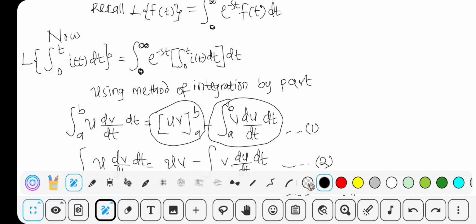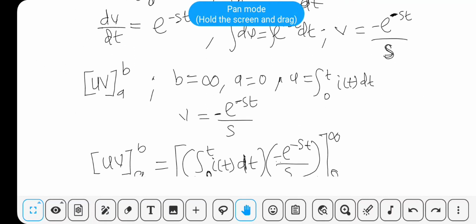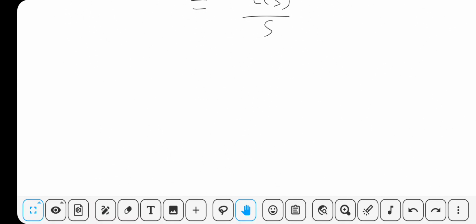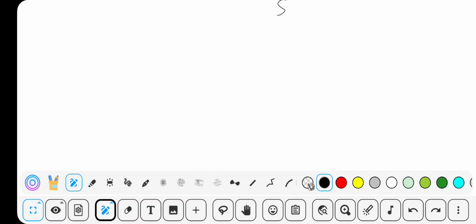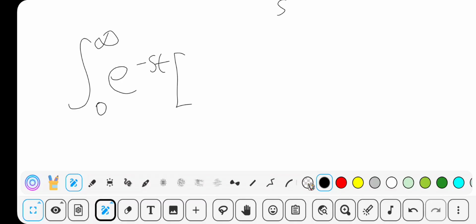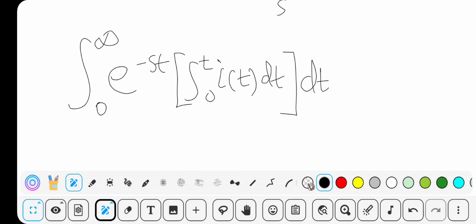So let's do that. Finally, the integral of this dt is equal to, we had uv from a to b equal to 0, I explained why.